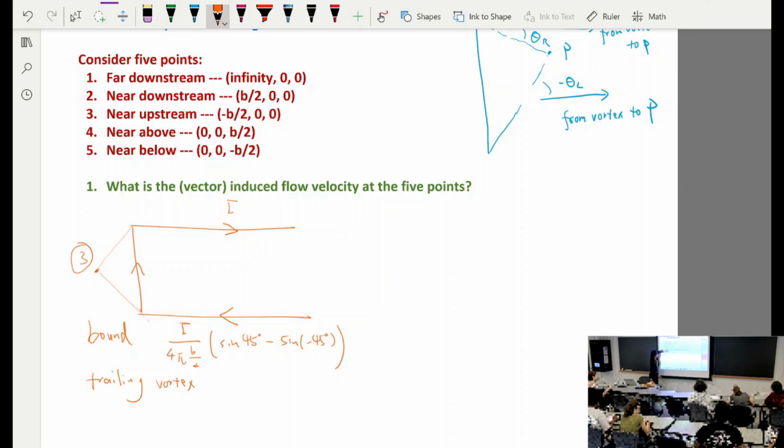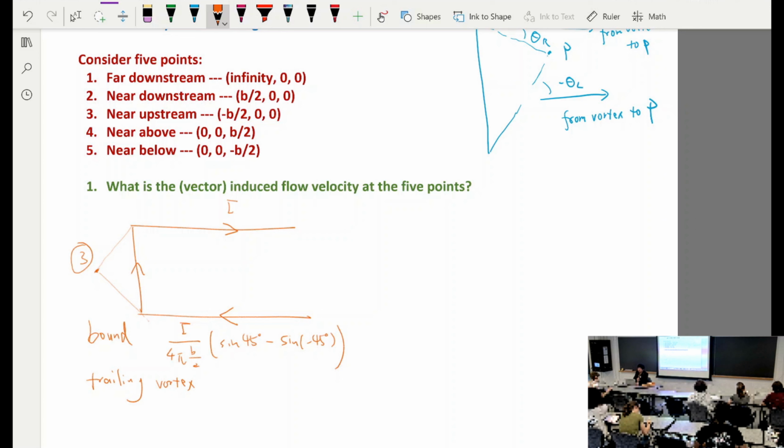Because the effect of this part of the vortex is the effect of this part minus this part that is no longer here. So the effect of this vortex on this point should be less than a vortex that extends all the way from here to here, which, if you shift the coordinates, is exactly the effect of the same vortex on point number 2. So the effect of the trailing vortex on point 3 should be less than the effect of the same vortex on point 2.